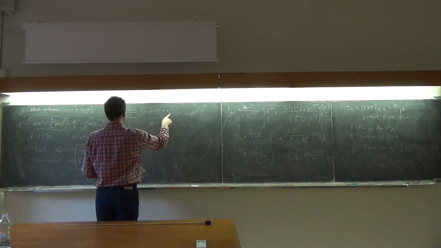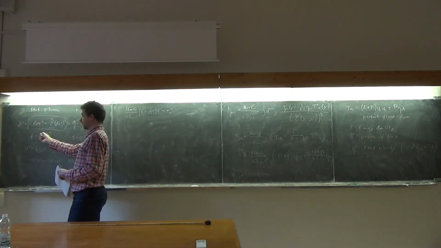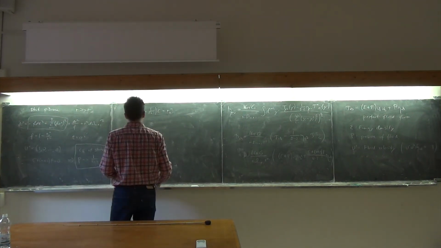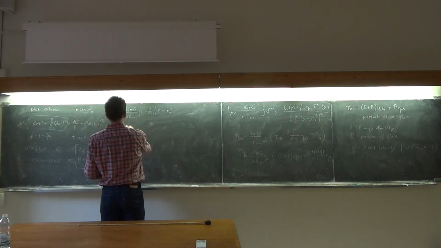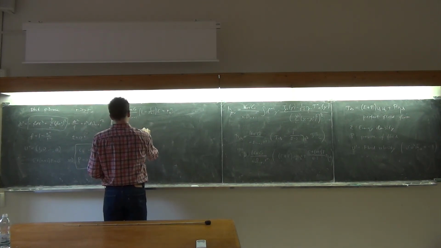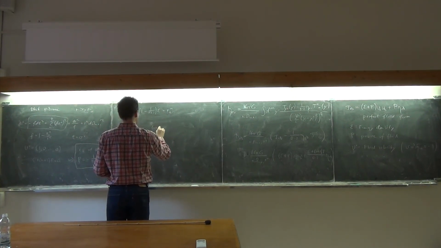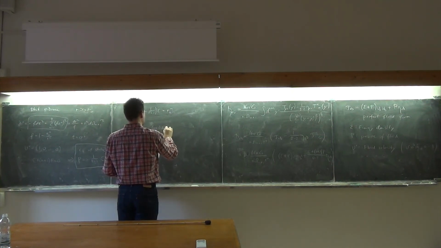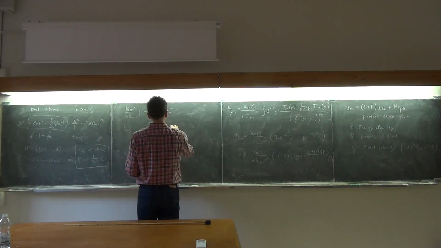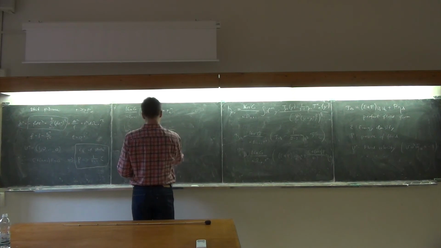So this R0n is this R0n here. And then you can write off what the energy density and pressure of the fluid are.